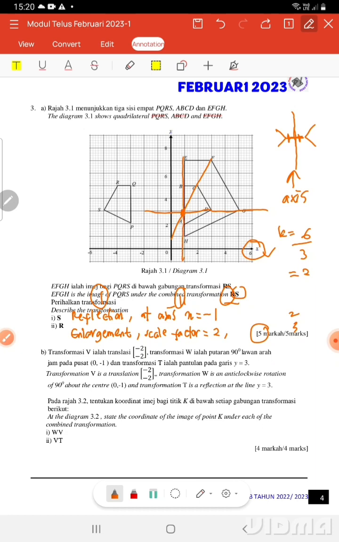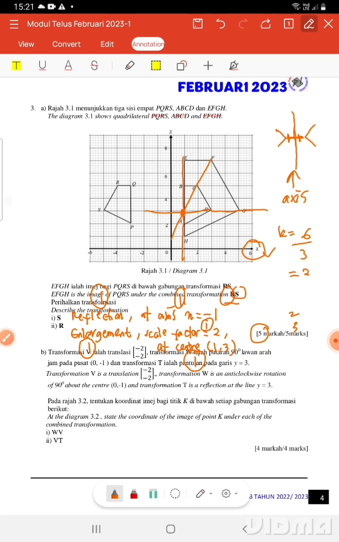Here is the intersection, so take the coordinate 1, 3. So I write here center 1, 3. So 1 mark for enlargement, 1 mark for your scale factor, and 1 mark for your center. So center 2 and 3 is 5.